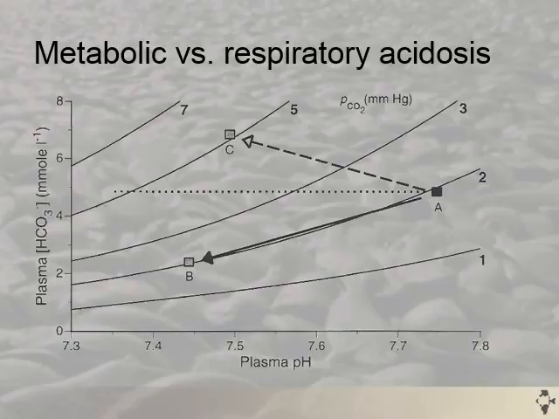Now, in the case of point C and the movement from point A to point C, this is what's considered respiratory acidosis. This is a decrease in pH caused by an increase in CO2 in the system. So you can see that we've moved from the CO2 gradient of 2 millimeters of mercury to the one that's approximately 5 millimeters of mercury. How would this occur?